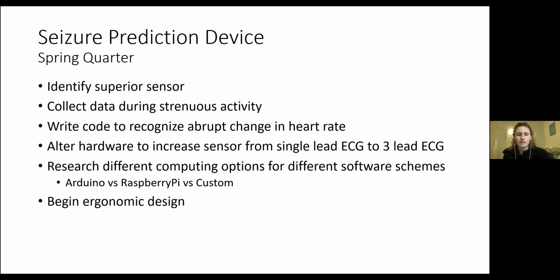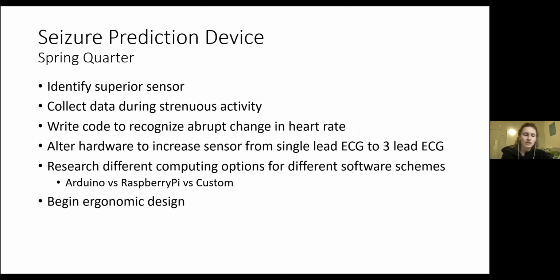As Drew was also talking about, we currently are using one of the sensors as a single lead ECG. And so we want to alter the hardware to change it to a 3-lead ECG. And we're anticipating that'll get more successful and more detailed data. And then right now we're using Arduino for computing, but we want to look into using Raspberry Pi or custom to work with different software.